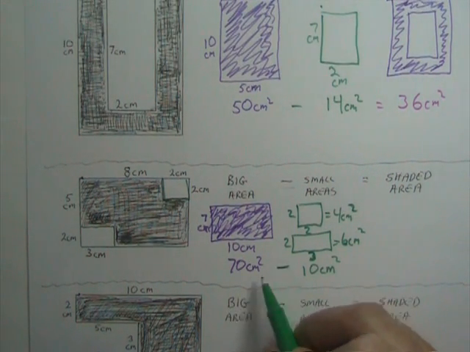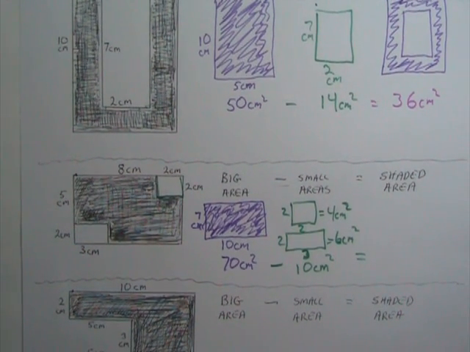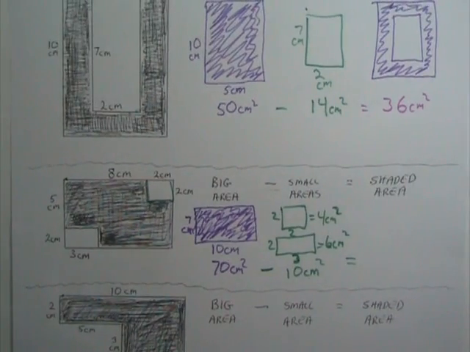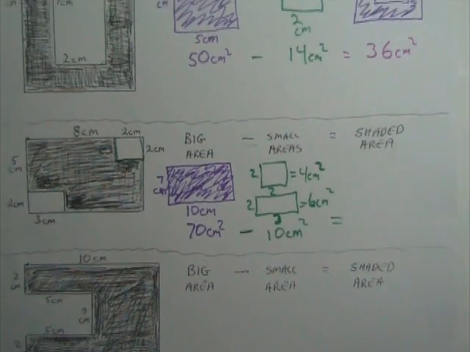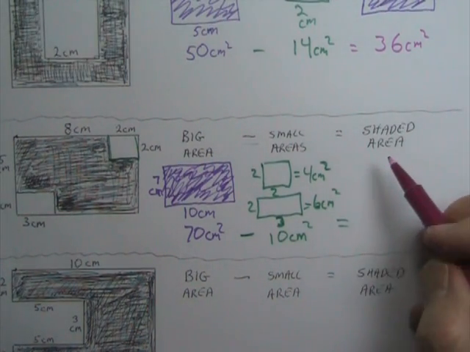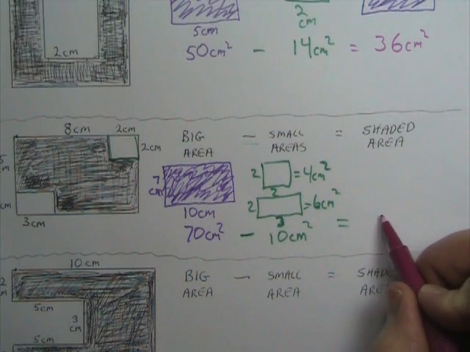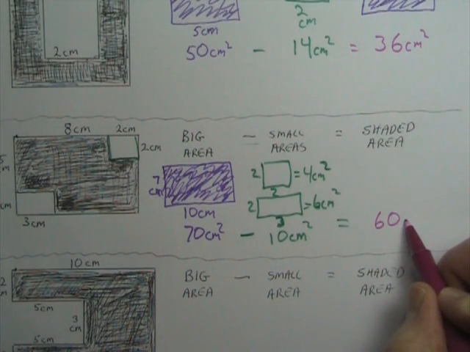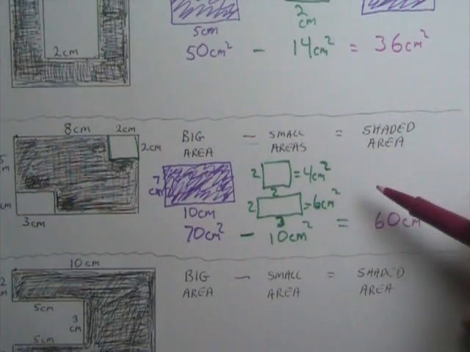So 70 minus 10. And that would give us our shaded area. That would give us 70 minus 10 is just 60. And again, it would be the same drawing over again.